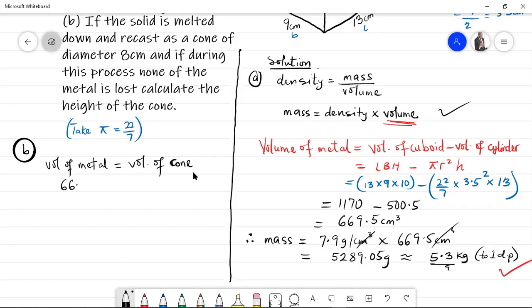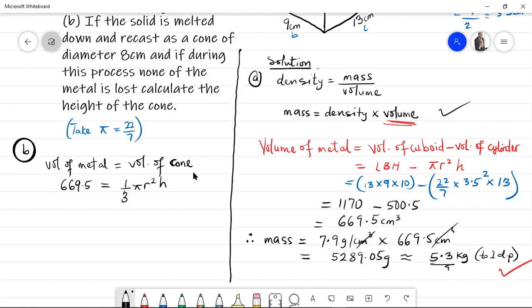So we substitute. Volume of cone, you have to remind yourself the formula. The formula for the volume of cone is 1/3 pi r squared h. H is the height that we are looking for. Pi is given at 22/7. The diameter of the cone that is formed is 8 centimeters, which makes the radius 4 centimeters.